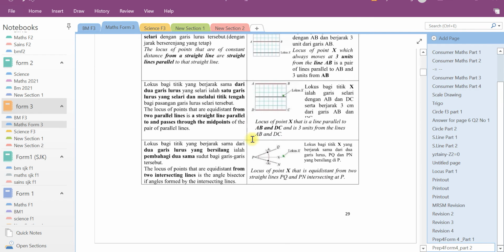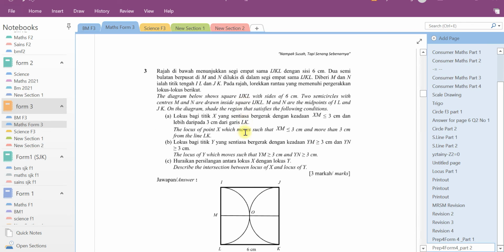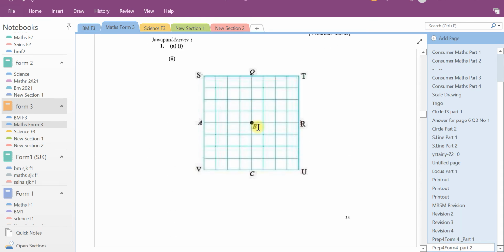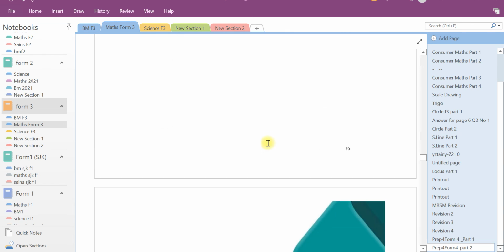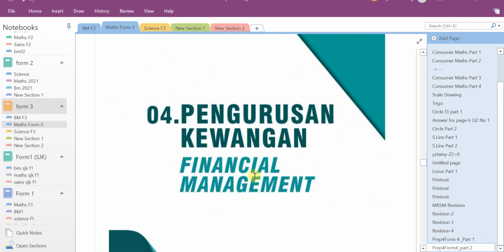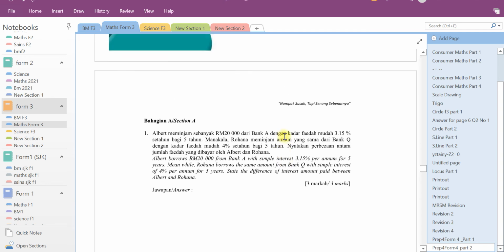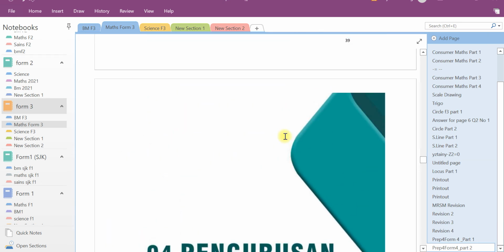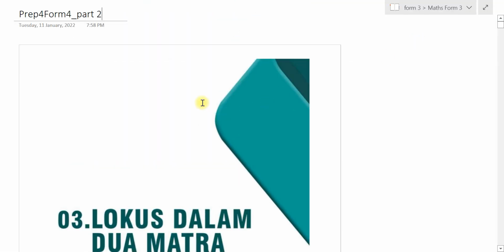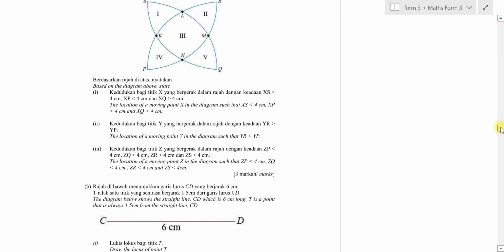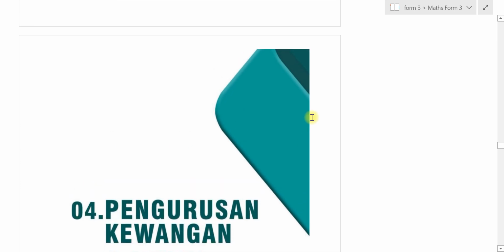So locus is still carried forward at least until your form 4. Are you more interested in financial management chapters or consumer maths? Okay, so let us learn about that one first. Make a revision on it.